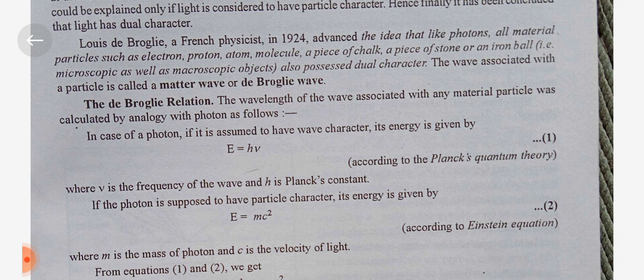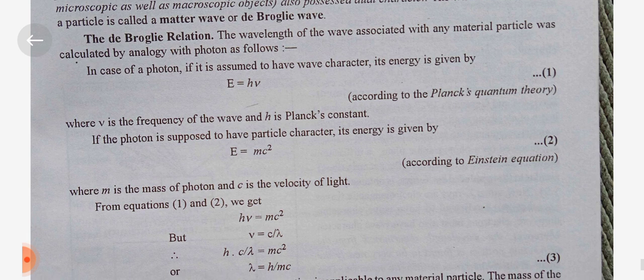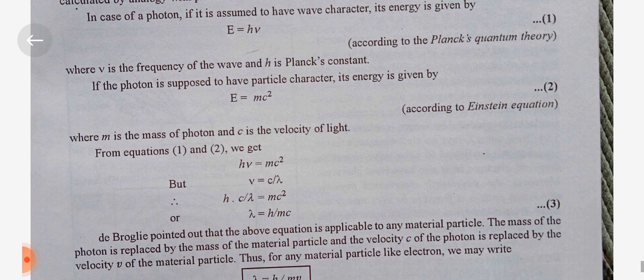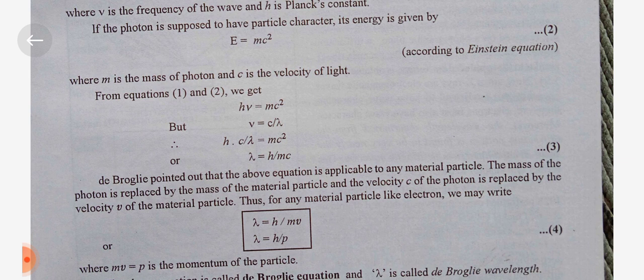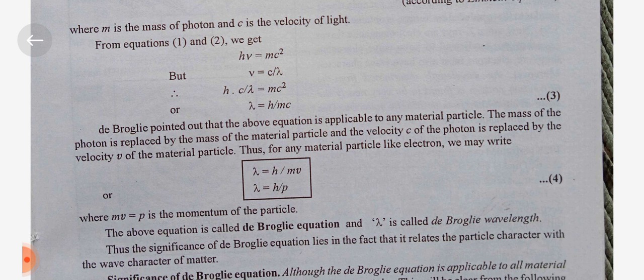If the photon is supposed to have particle character, its energy is given by E = mc², where m is the mass of the photon and c is the velocity of light. So hν = mc², and we can also put λ = h/mc, or λ = h/mv.